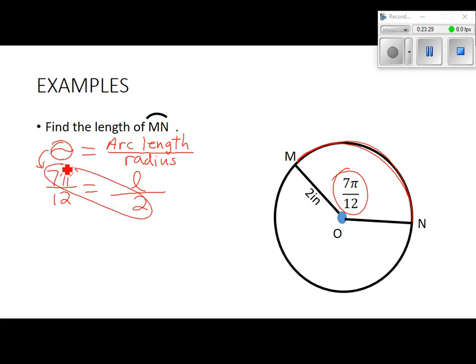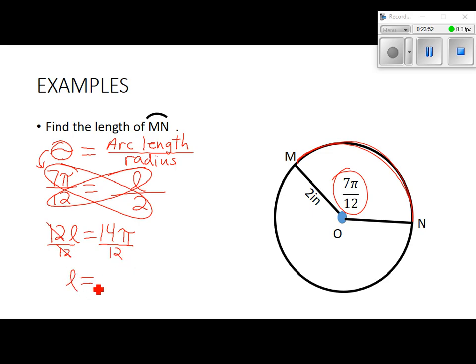We cross multiply. We get 12 times L equals 2 times 7 pi. You just multiply the 2 and the 7, and you get 14 pi. To solve for L, we divide both sides by 12. These cancel out.